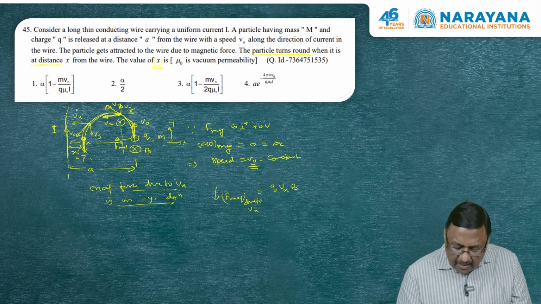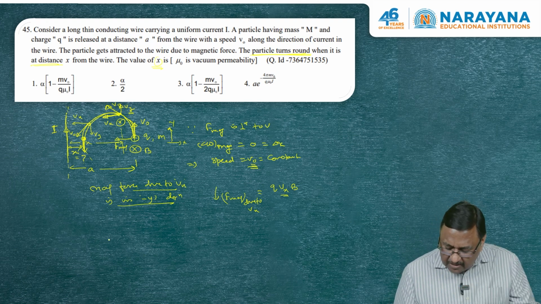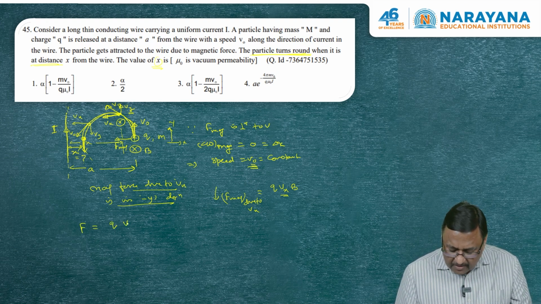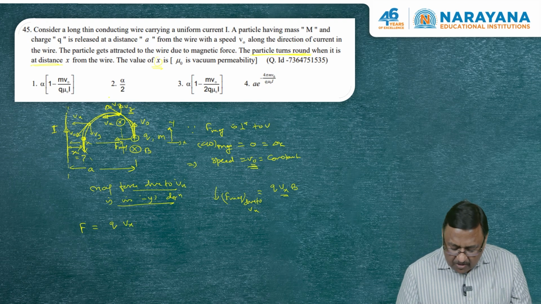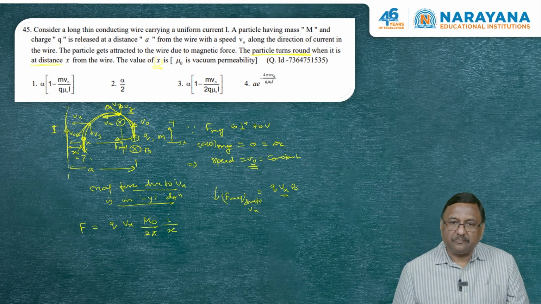Because B is a variable quantity, I will write F equals QVB. What is the F value? F is equal to Q Vx B at this position, where B due to an infinitely long wire is mu 0 upon 2 pi, I divided by x.